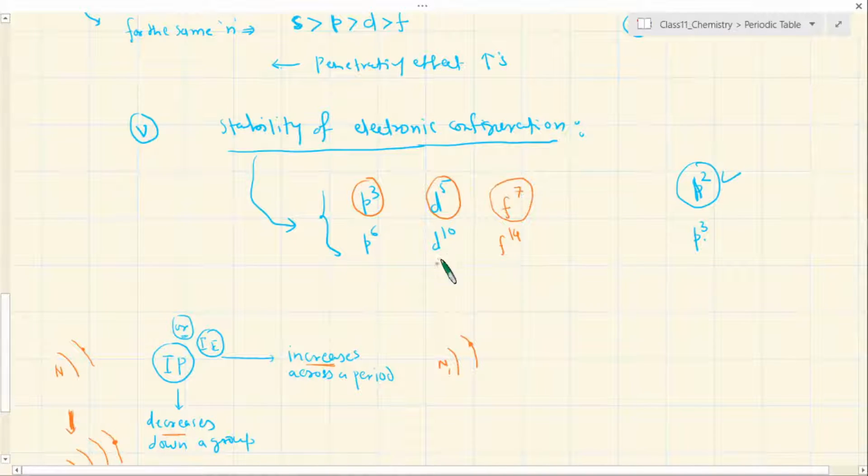So either they are half filled symmetrically, half filled meaning each orbital has got one electron, or completely filled. Naturally they will be symmetric because all the orbitals are occupied.